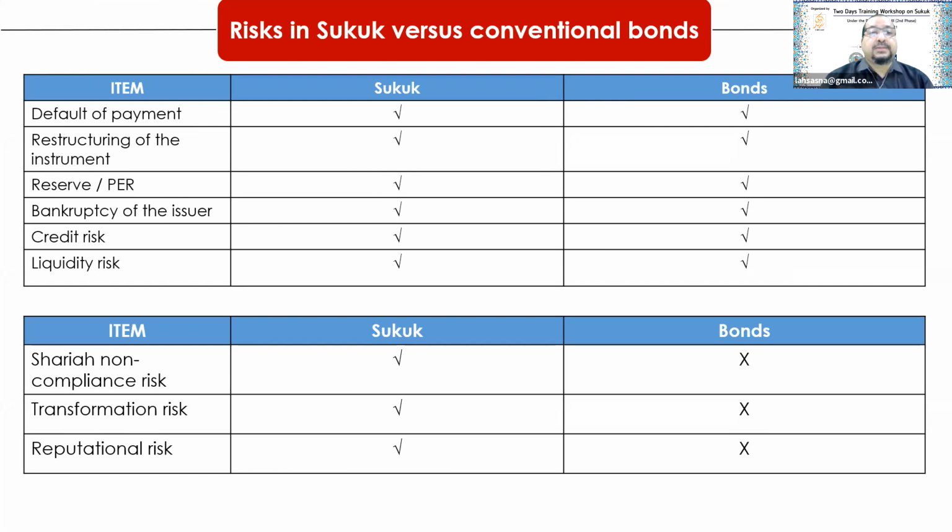Also, restructuring of the instruments, both are subject to this restructuring because at the end of the day, sukuk is an instrument, it's a contract, and sometimes the parties may come to relook at the rights and obligations and the responsibility and the liability and try to readjust them, and that may lead to a kind of restructuring or rescheduling of the facility, especially if the financial standing is questionable.